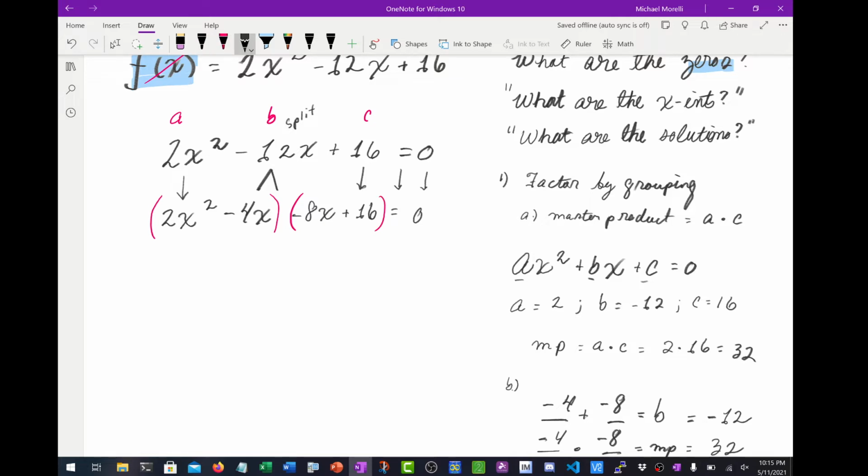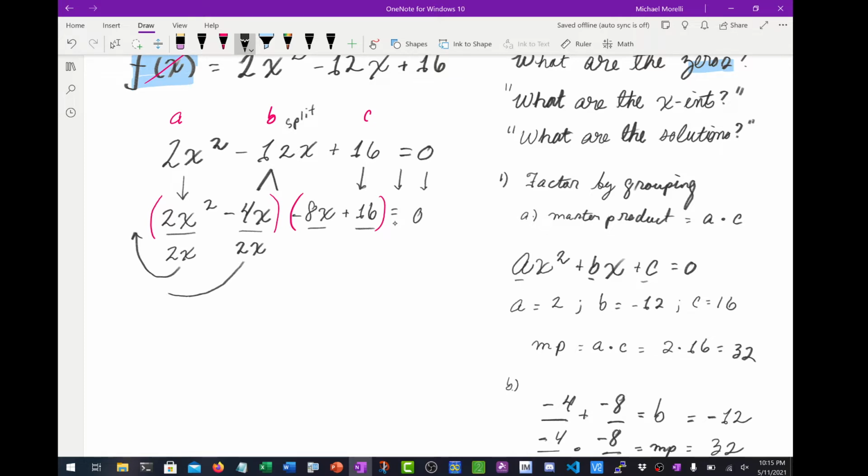Now, the next step is to factor out the greatest common factor from these terms. Here I can pull out 2x from both of these two terms in this binomial. It's almost like reverse distribution.